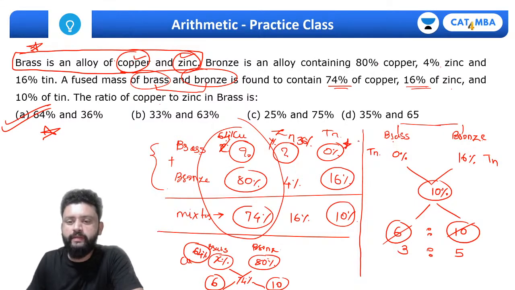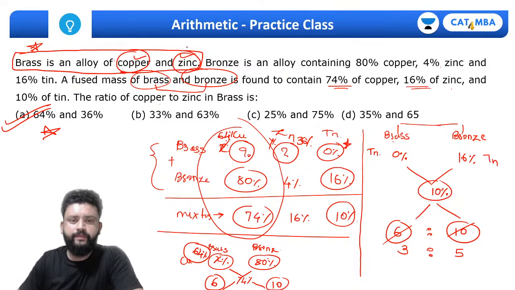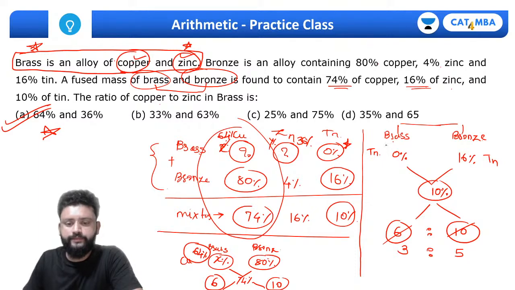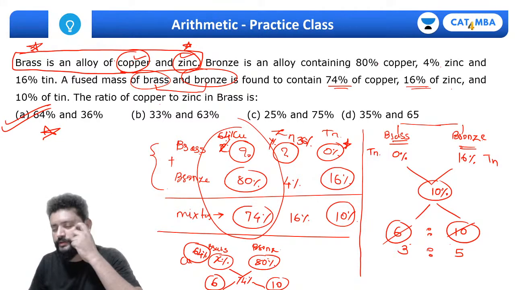So the percentage of tin will be 0%. Is that okay? Or do you still have a doubt? And after that, using this 0%, we can get the ratio of brass and bronze, right?